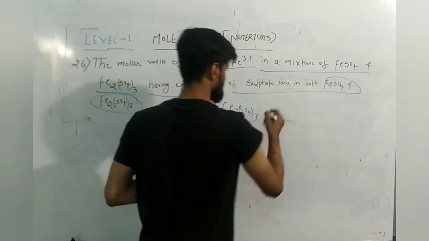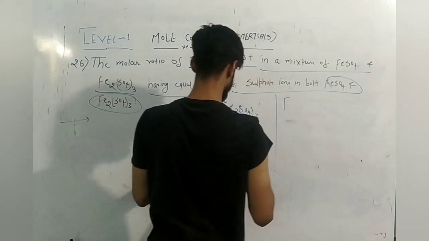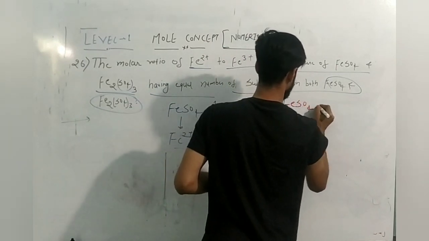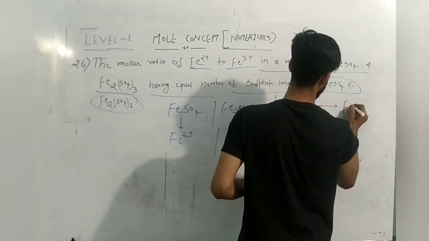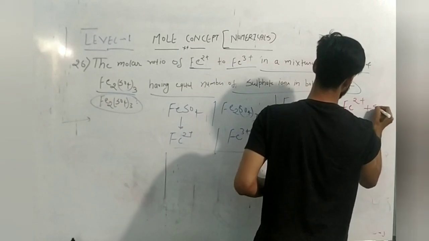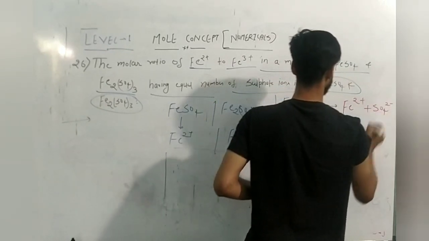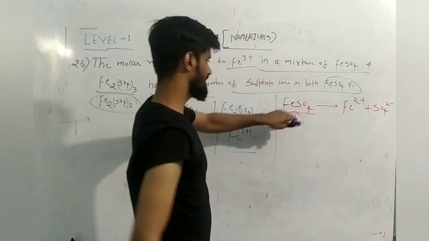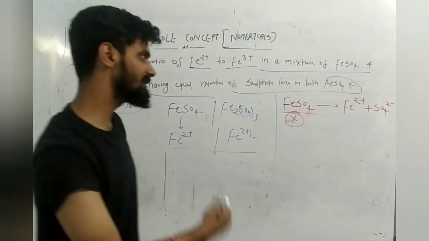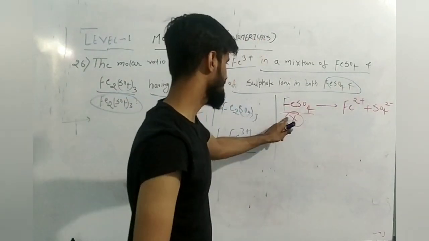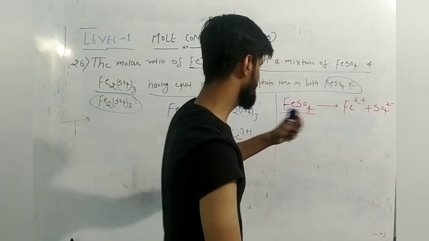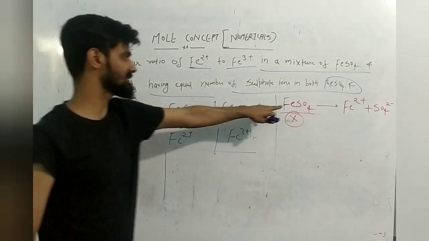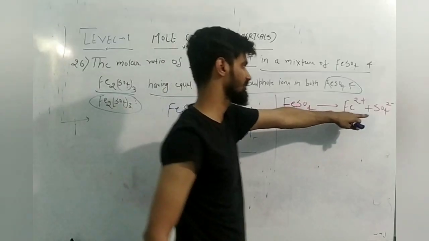If you write FeSO4 and break it, it gets converted into Fe2+ and SO4 2-. Just understand, I am assuming there are X moles of sulfate ions produced by FeSO4. Balancing this reaction, 1 mole of Fe2+ and 1 mole of SO4 2-.